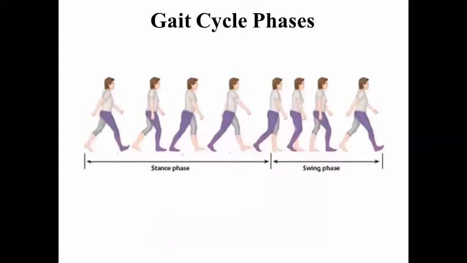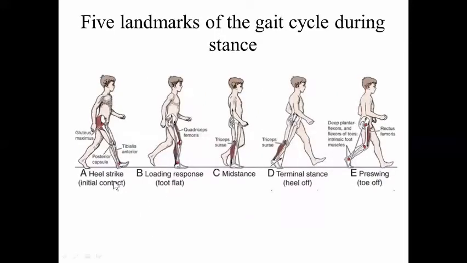What are the gait cycle phases? The phases are divided into two. First is the stance phase and another is the swing phase. What is a stance phase and what is a swing phase? Let's see. The stance phase is when the foot is in contact with the ground.